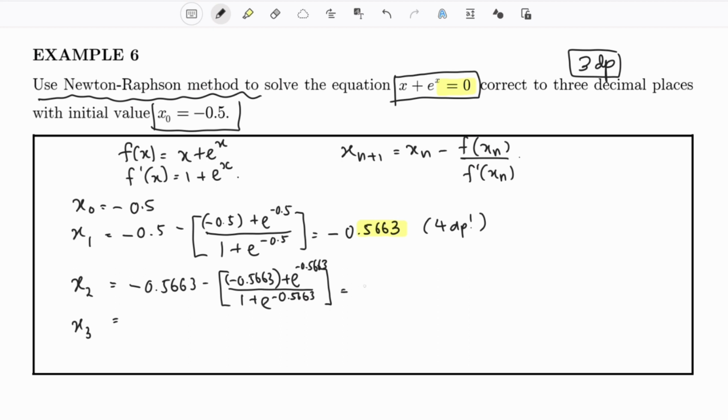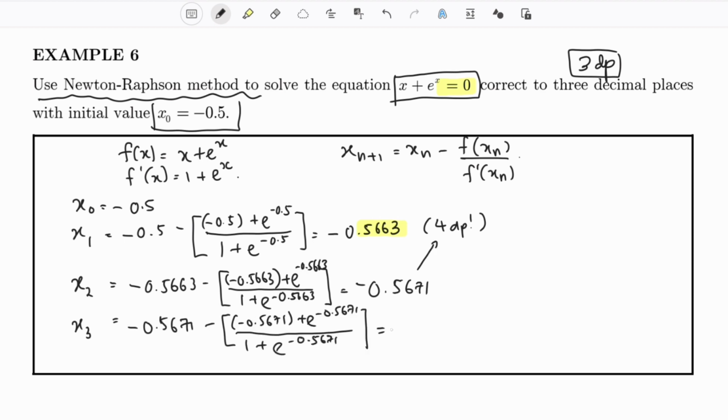You will get negative 0.5671, again to 4 decimal places. Similarly for x3, we have negative 0.5671. Since the two values are the same, hence we stop the iteration.